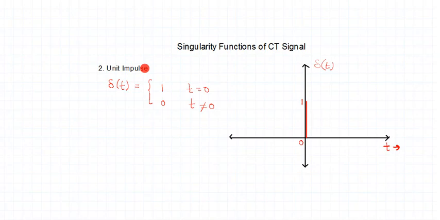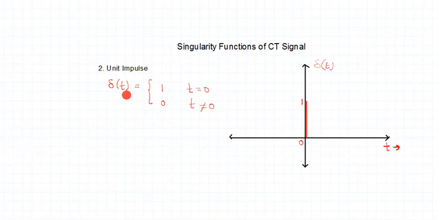Impulse is like a trigger, right? So trigger means you just give it momentarily, right? So this is like a trigger which appears at time instant 0, remains for time instant 0 and dies out, right? And that's why you call it an impulse, something which suddenly appears and then dies away. That's why the name impulse. It is denoted as delta t, right?